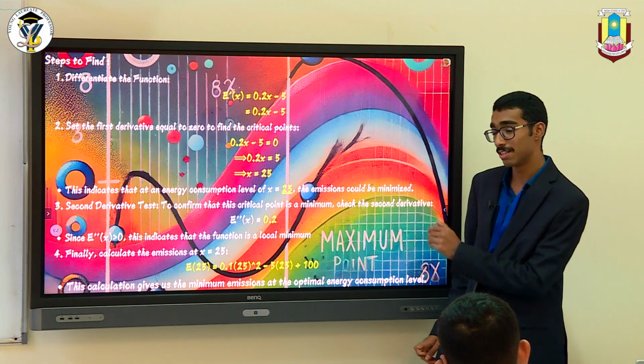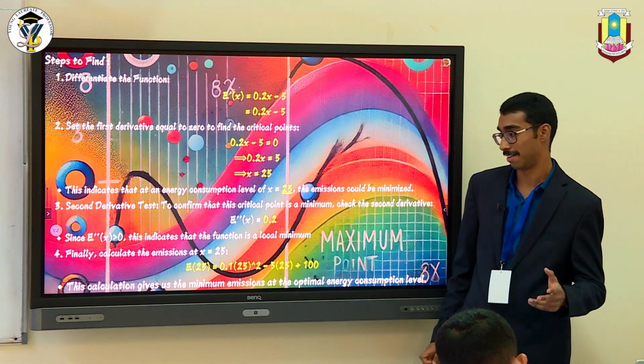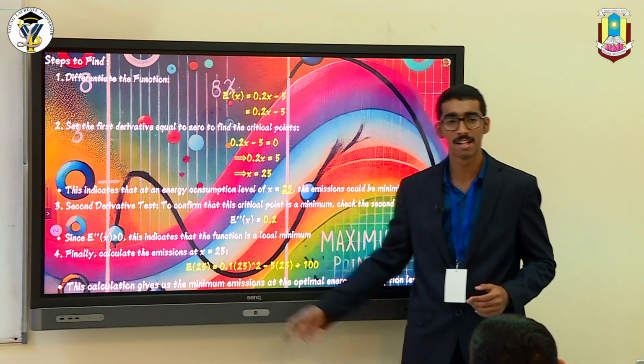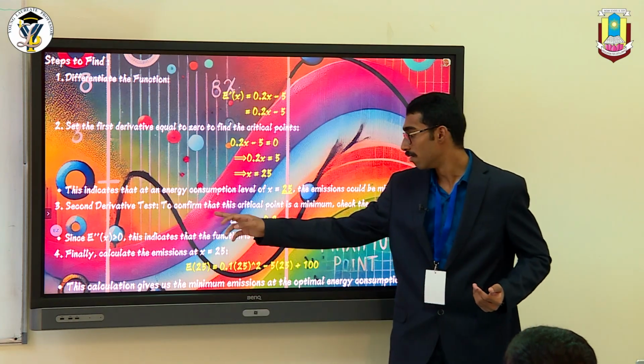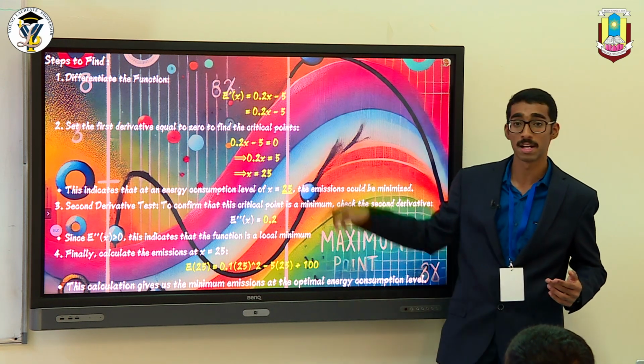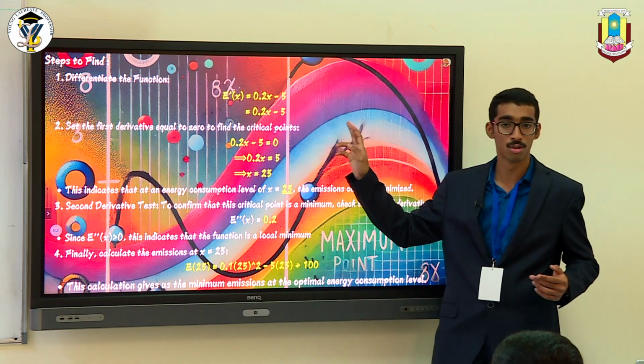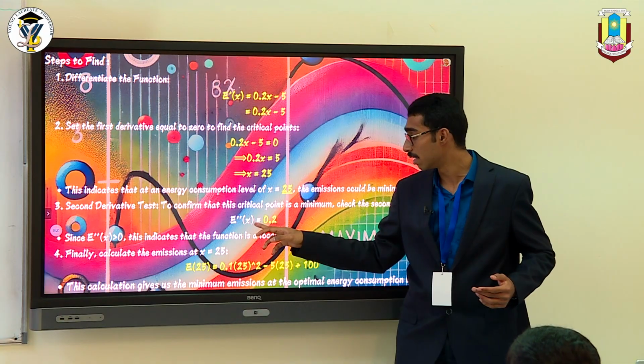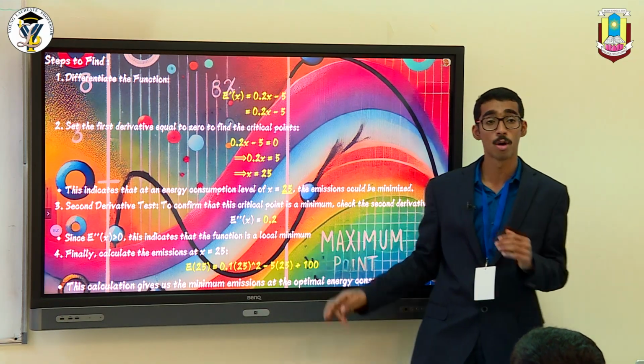Now let's find out if this is maxima or minima or nothing. For this, the second derivative test comes to our help. We differentiate again the 0.2x minus 5. The 5 goes away as it's a constant. You get p double dash of x as 0.2.